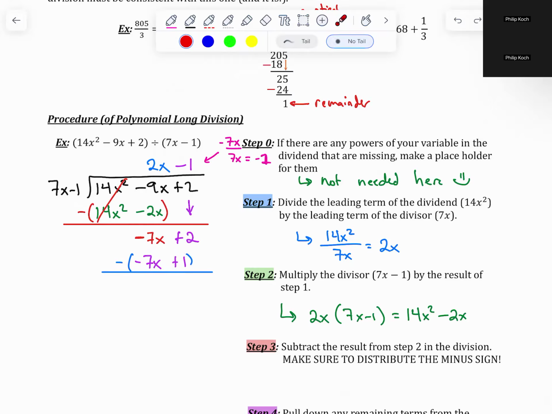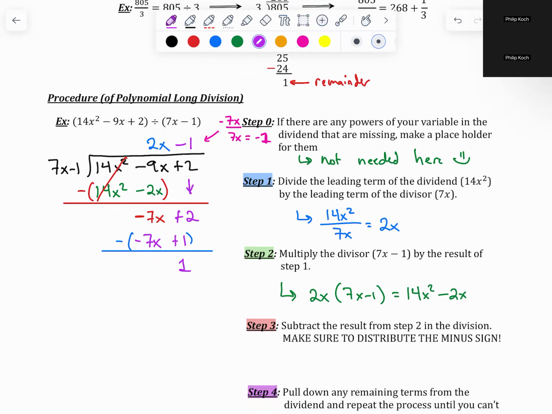And so we should get a remainder. We get a 1. And we ask ourselves, how many times does 7x go into 1? And it doesn't. 7 doesn't go into 1 and x doesn't go into 1. So we're done. This is our quotient. So we have our quotient. And this is our remainder.